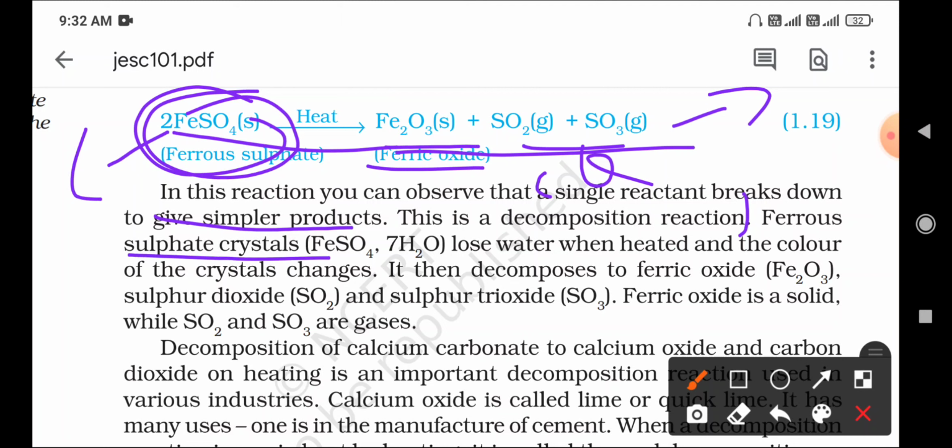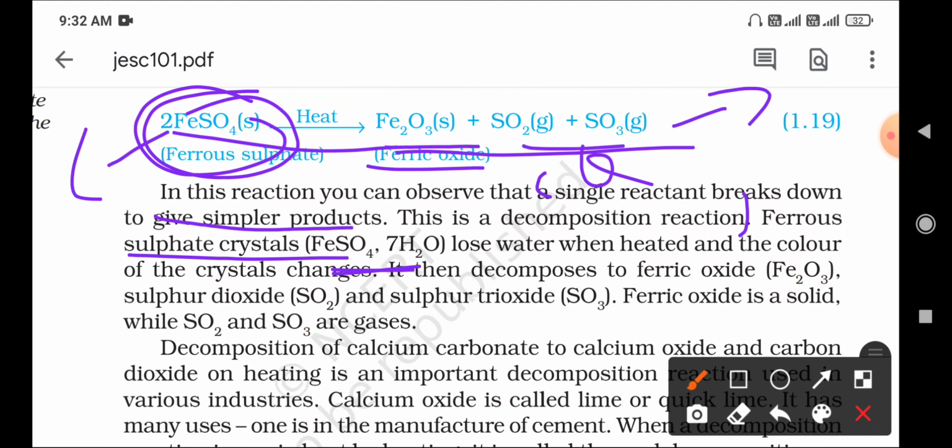Ferrous sulfate crystals: what is the chemical formula of ferrous sulfate crystals? FeSO4·7H2O. Here the 7H2O is because the crystal contains moisture, which means water. After heating, the water vaporizes and the remaining FeSO4 stays.